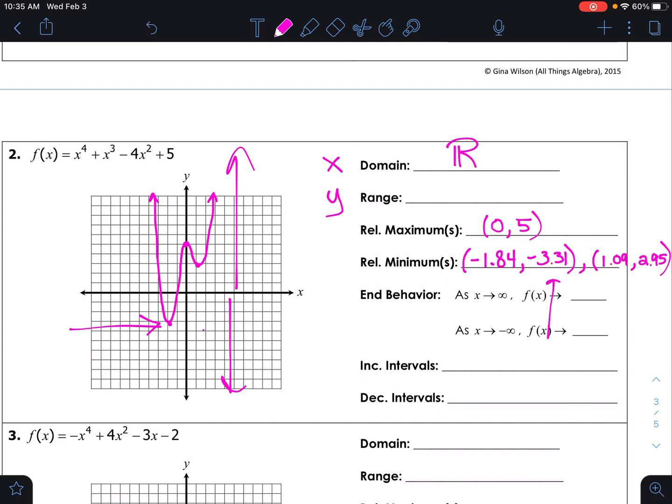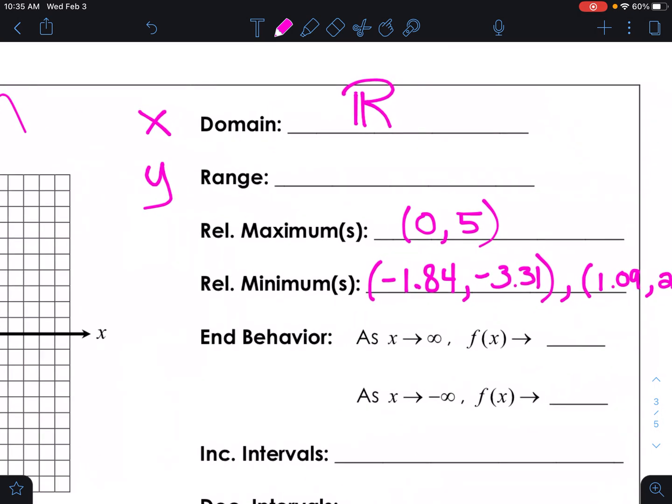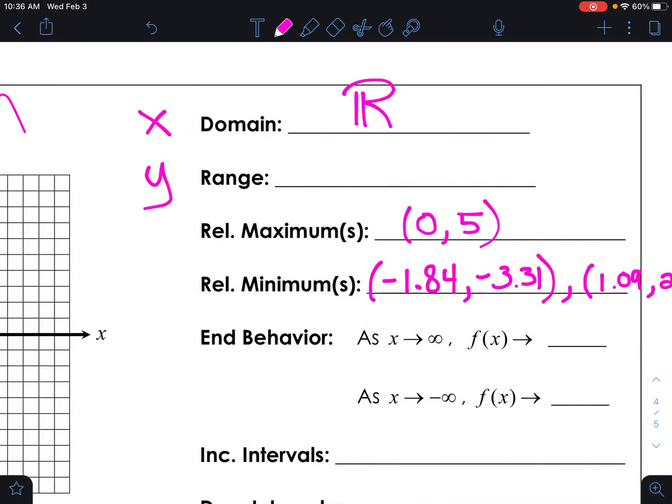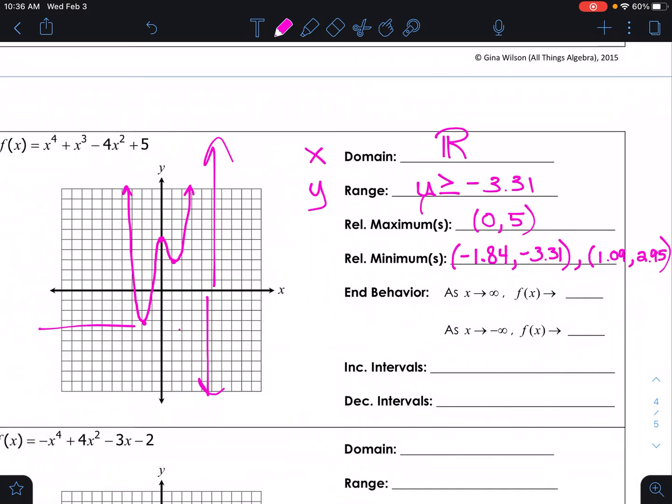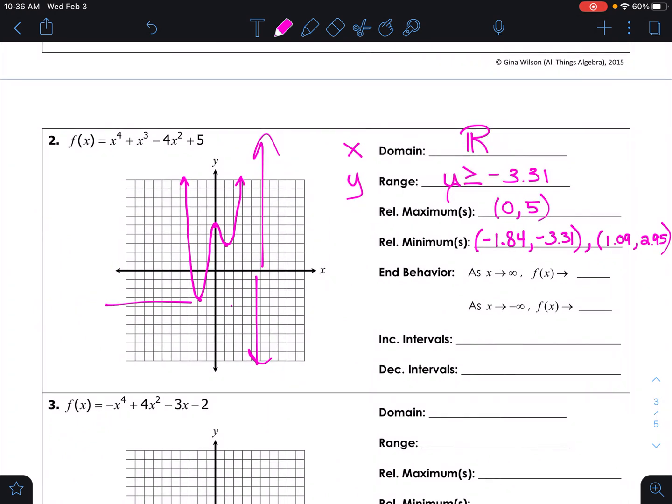It's negative 3.31. That's the y value there, right? So really, when I'm thinking about what is my range, it's everything bigger than negative 3.31. So I'm going to say y because it's the y values. It has to be greater than or equal to negative 3.31. Now, if you want to use interval notation there, you can. I just like to keep it simple and do that. But with the other ones, it's easier to use interval notation, I think.